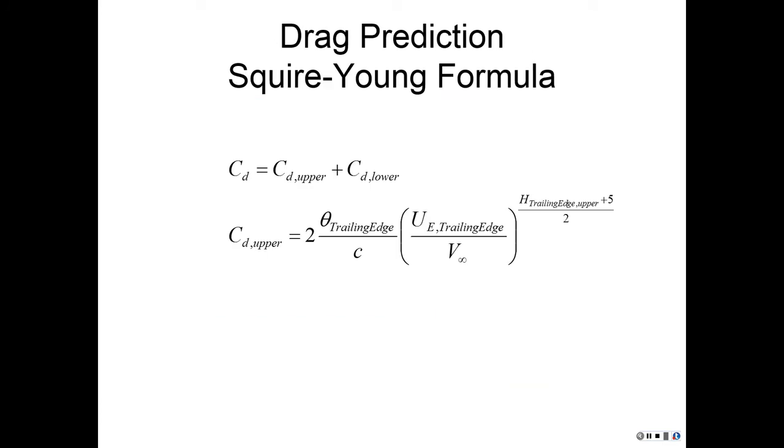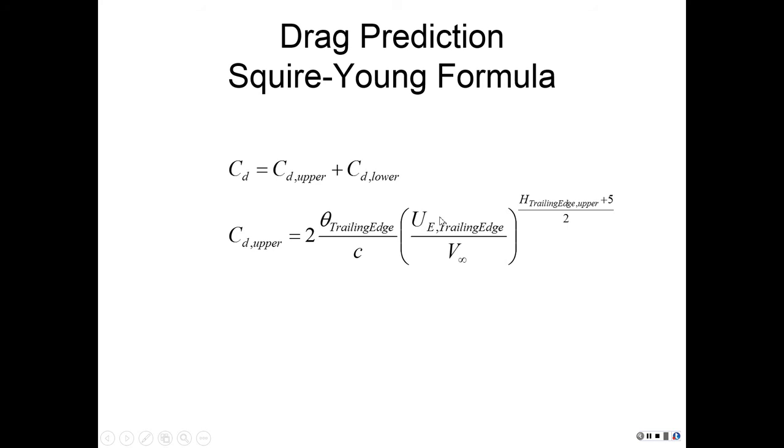Once you have all of these, then how do you find the drag? The drag is due to boundary layer growing on the upper surface, boundary layer growing on the lower surface. This formula is called the Squire-Young empirical formula. Once you know the theta at the trailing edge from the Head's method, divided by chord, make it non-dimensional distance.